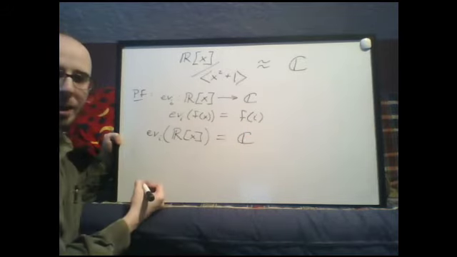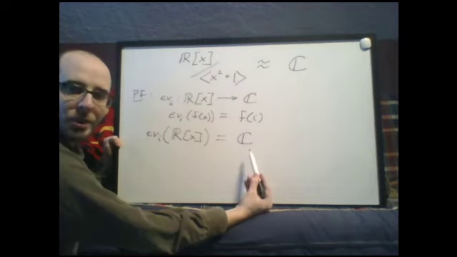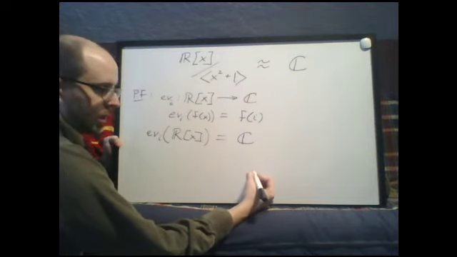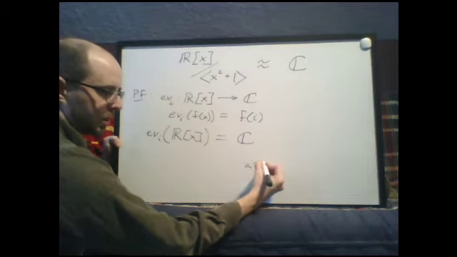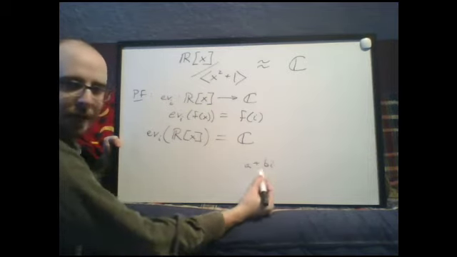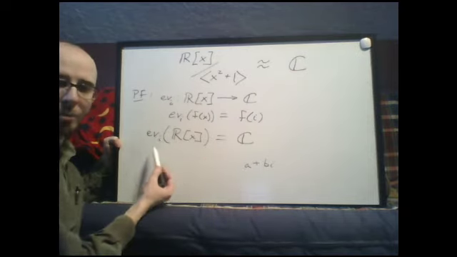Well, I claim it's the complex numbers, and that's because if I take an arbitrary complex number, it's going to look like a plus bi for some a and b in the real numbers. How do I get that as an output of this function?